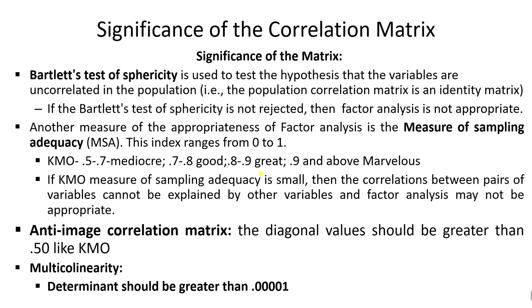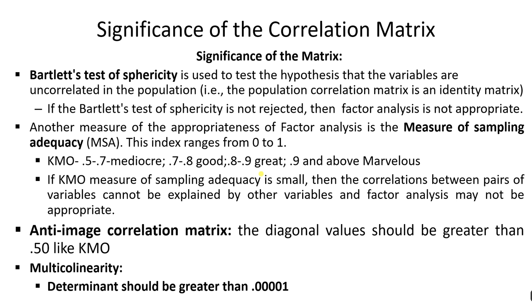Here I would like to explain the term the image of a correlation matrix and the anti-image of a correlation matrix. When you create a correlation matrix based on the predicted variables, each variable in the data set is predicted by the remaining variables using multiple regression.